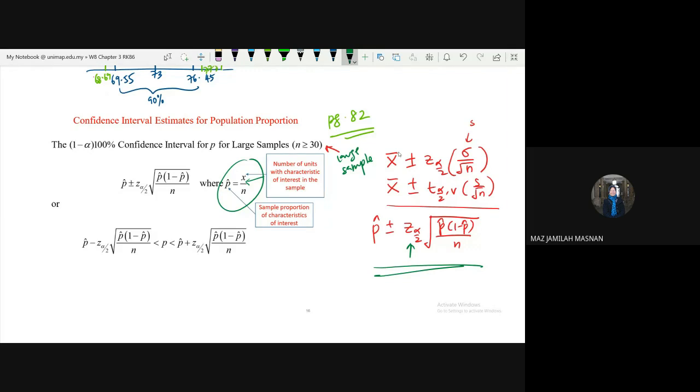If you are talking about computer chips and defective ones, then x is the number of defective chips. If x is referring to non-defective chips, then you are referring to the number of non-defective chips. So look at the given x or the characteristic in your question, and divide by the number of samples. You will get the proportion of your sample.